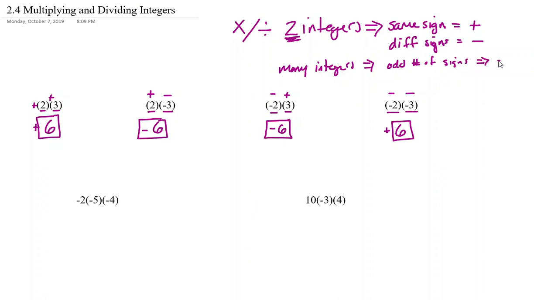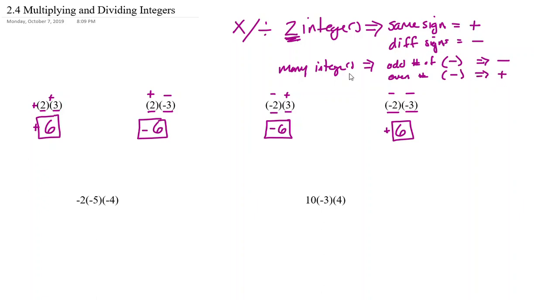Let me say it again. Odd number of negative signs, so odd number of negatives, then the answer is negative. If there's an even number of negatives, then the answer is positive.